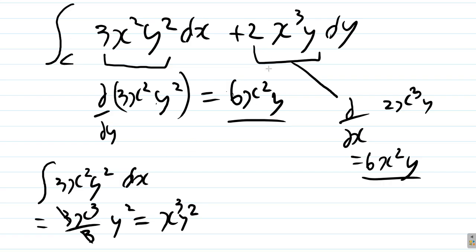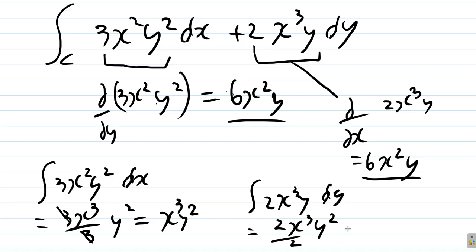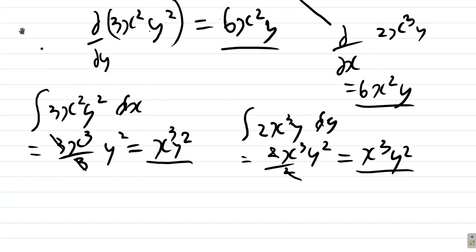Alright, suppose we look at this one now and say, what is the integral of 2x cubed y with respect to y? What we're going to get is 2x cubed y squared over 2. So what we have, 2 cancels 2, so you get x cubed y squared. So x cubed y squared here, x cubed y squared here. Alright?